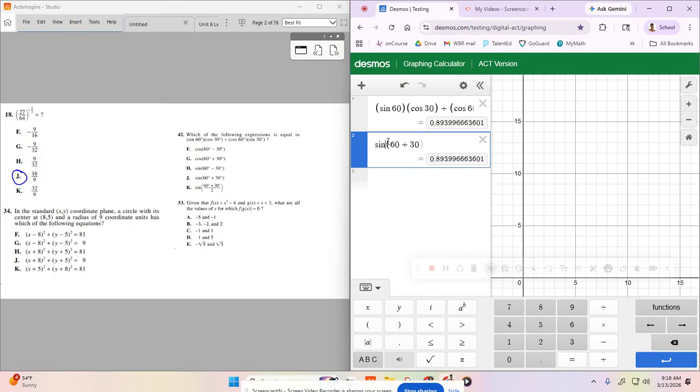Option C says sine 60 minus 30. It's not that. Option D, sine 60 plus 30. Those are equivalent decimals. So I know that J was my correct answer here. Oh, this one was F. All right.